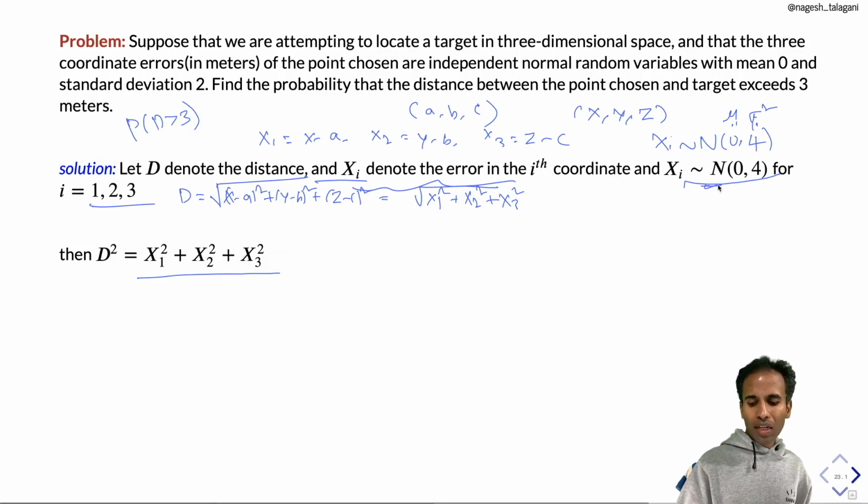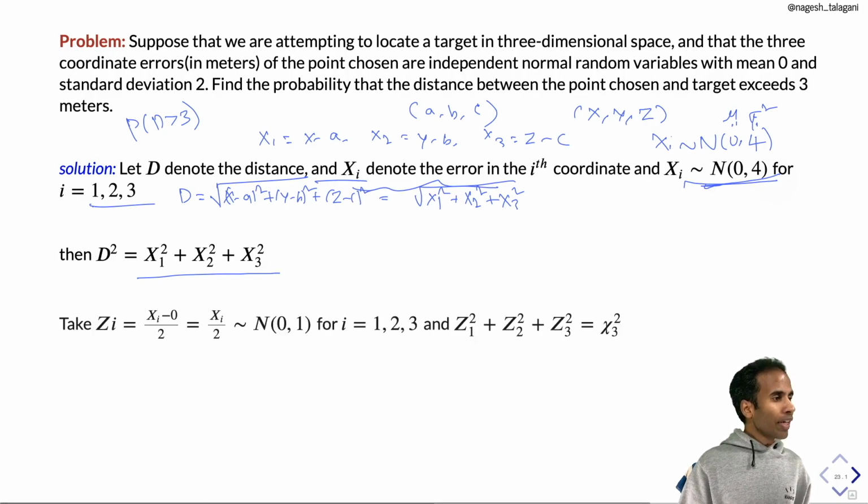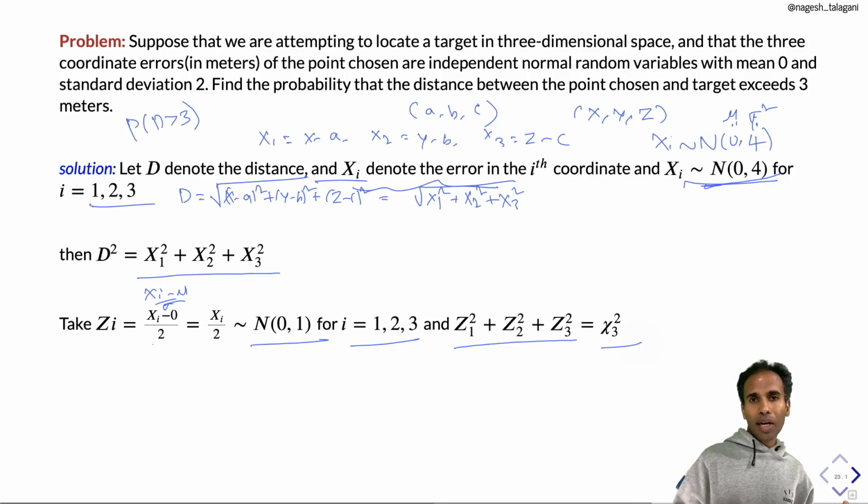Here xi is a normal random variable with mean 0 and standard deviation 2. So if I take zi, which is xi minus mu by sigma, where mu is 0 and sigma is 2, we know this is going to be a standard normal random variable for i equal to 1, 2, 3. Then z1 square plus z2 square plus z3 square is going to be a chi-square 3 random variable, because the square of a standard normal is a chi-square random variable with 1 degree of freedom.